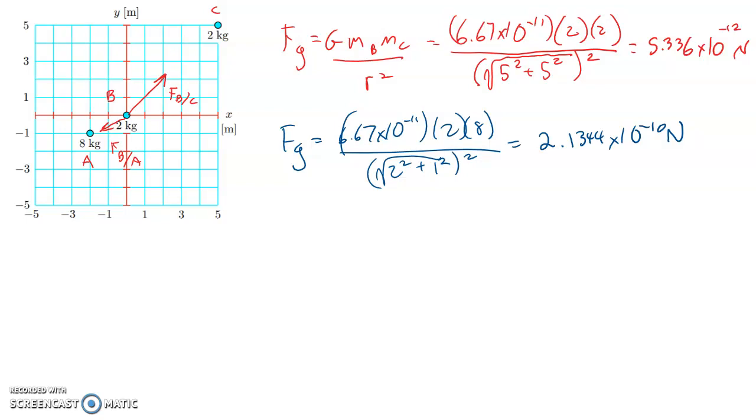All right, next step. Since they're vectors, we have to figure out what direction they are pointing. So we have to figure out this angle, and we have to figure out that angle. And we can do it from this diagram because, of course, mass 2 is pulled directly toward the other mass 2. So this line that I drew that points toward this other mass 2, that's pointing at the angle we're interested in.